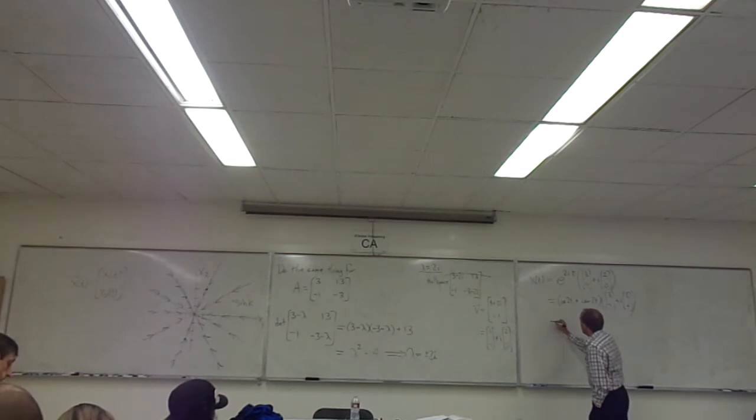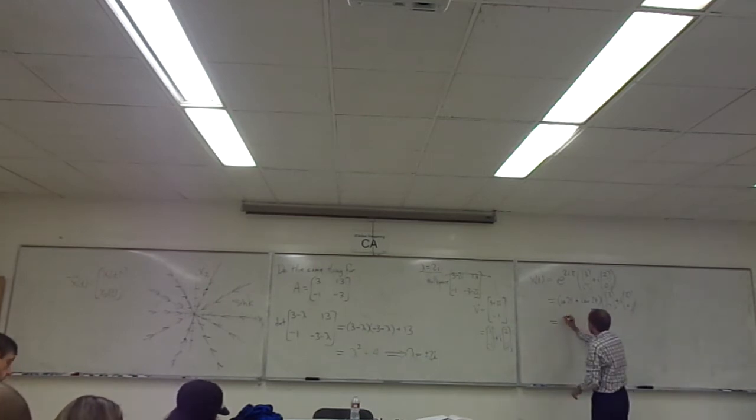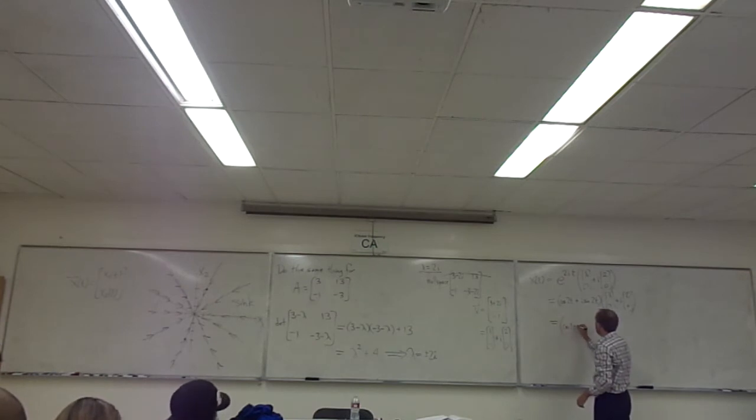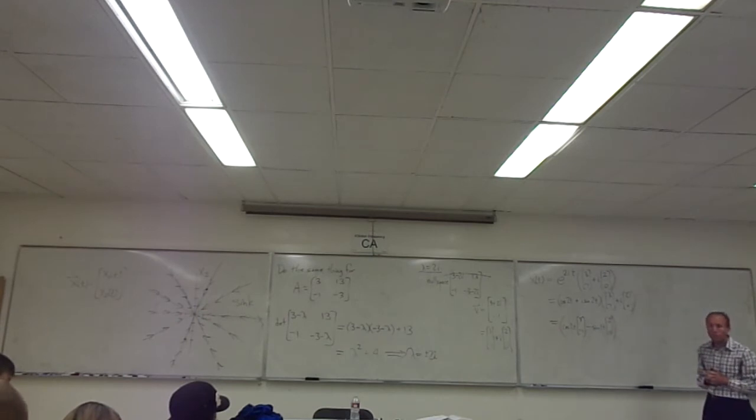Okay, so I'm going to just FOIL it out like we've been doing. That means I'm going to take the first and the first, so that would be cosine of 2t times 3, negative 1, and then minus sine of 2t times 2, 0. That's the first piece. Agreed?